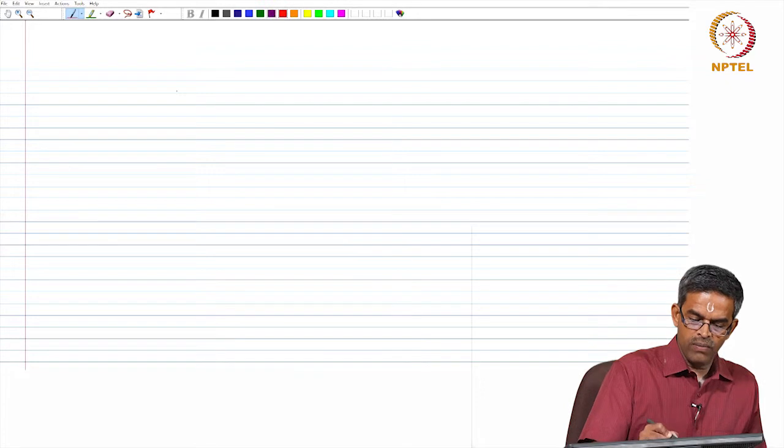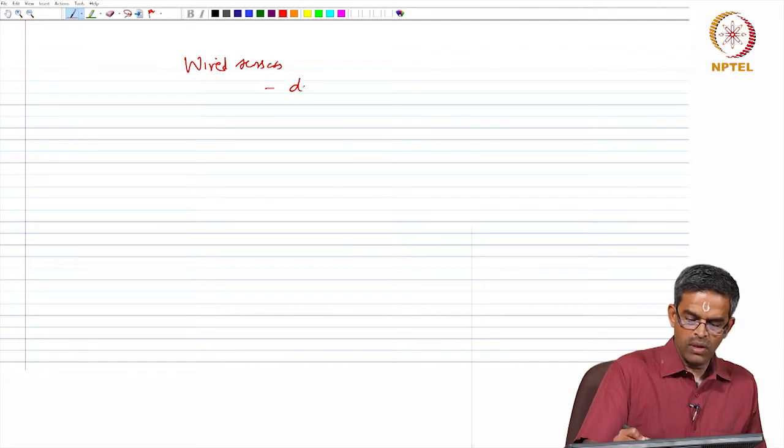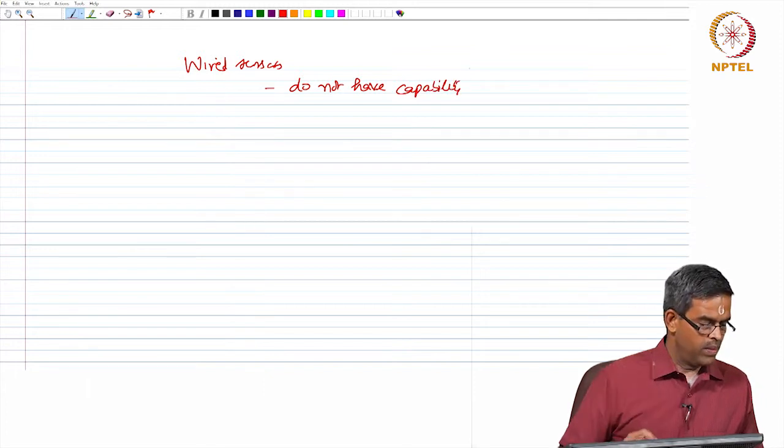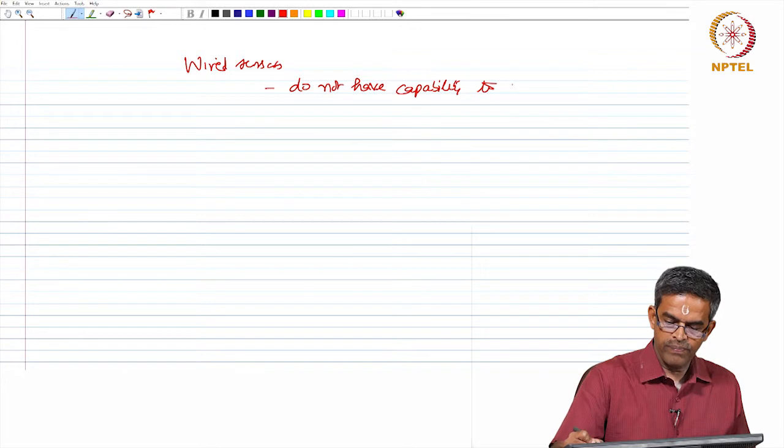So, in a nutshell, wired sensors do not have the capability to process data.